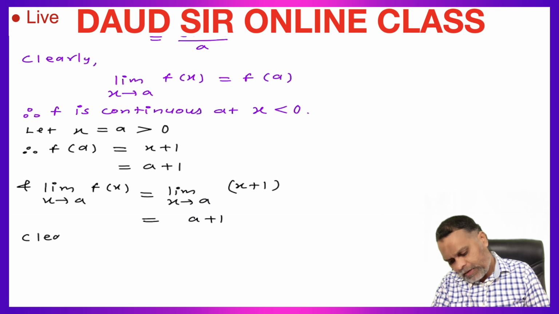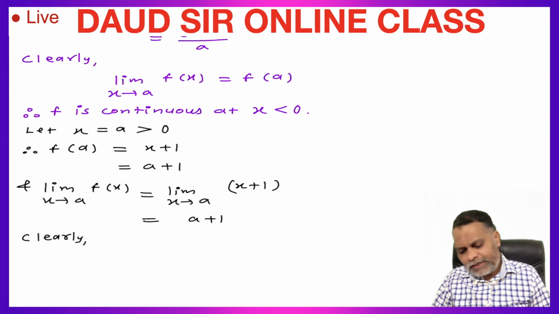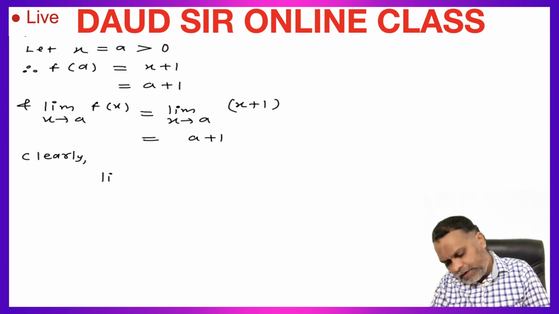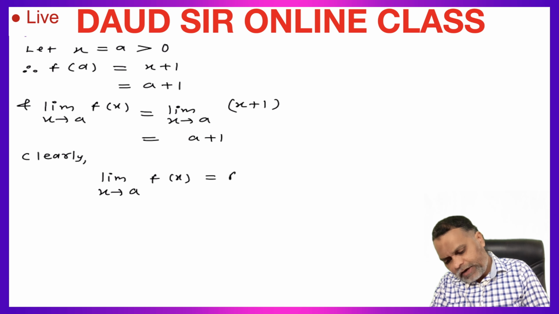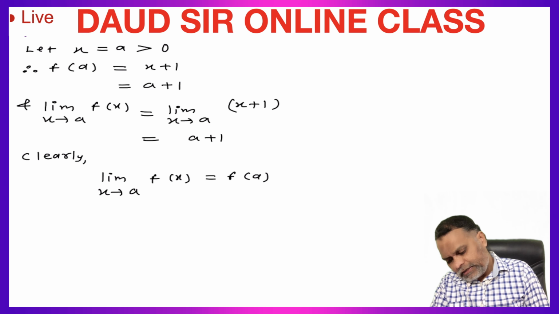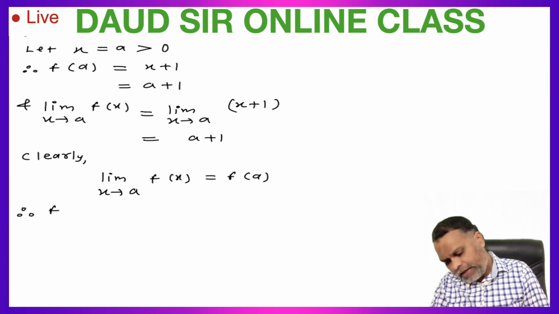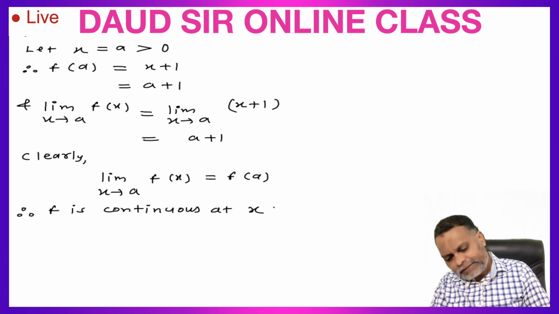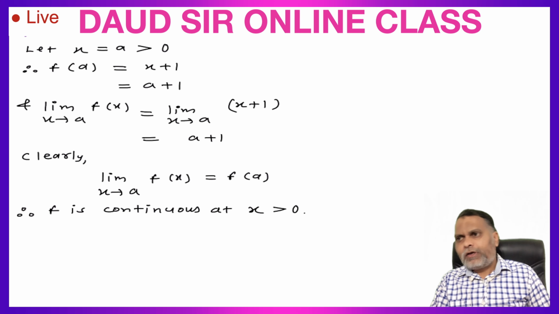Clearly the limit of function and value of function are equal. Limit x tends to a, f of x is equal to f of a. Therefore f is continuous at x is greater than 0.